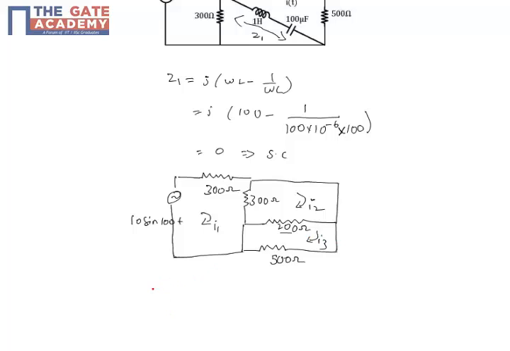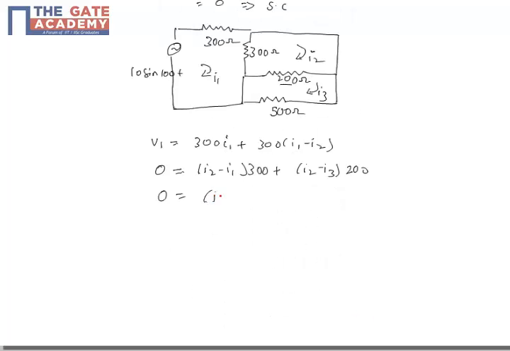Now writing the mesh equations, V1 is equal to 300 I1 plus 300 into (I1 minus I2). 0 equals (I2 minus I1) into 300 plus (I2 minus I3) into 200. 0 is equal to (I3 minus I2) into 200 plus I3 into 500.